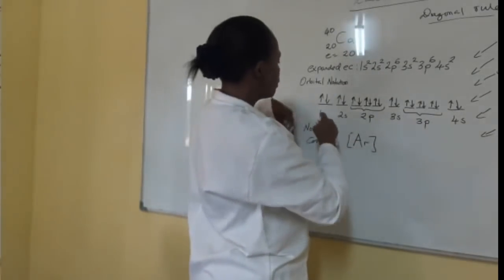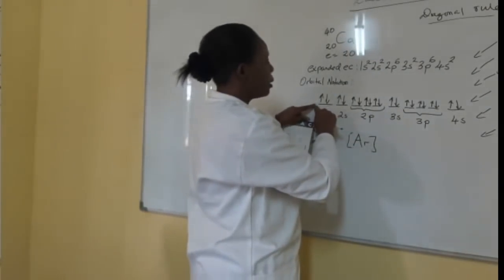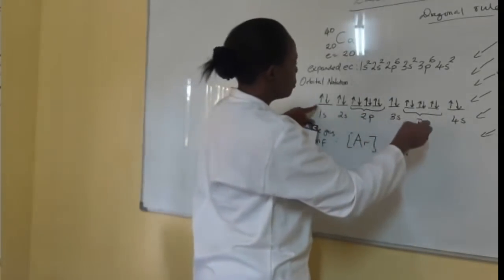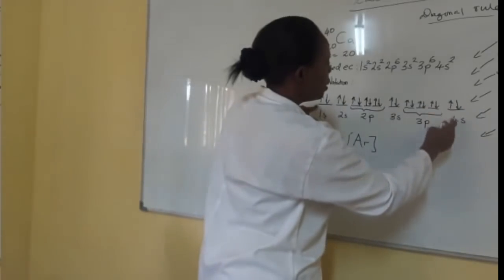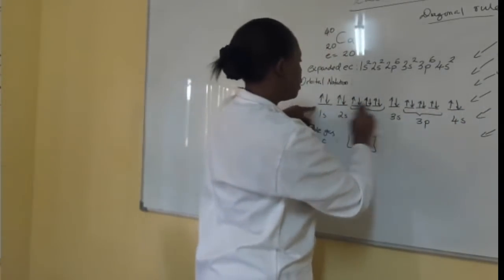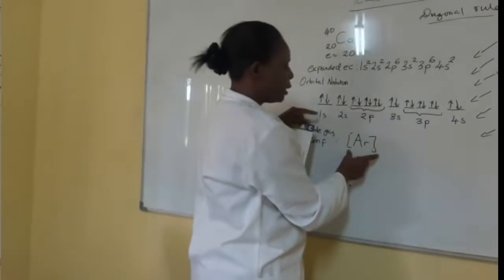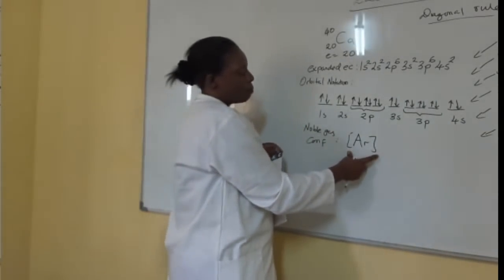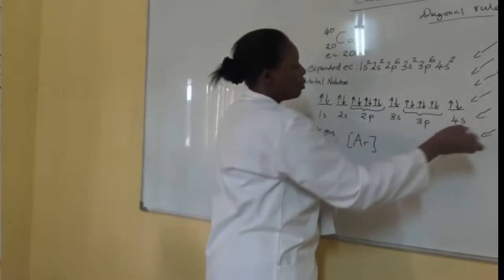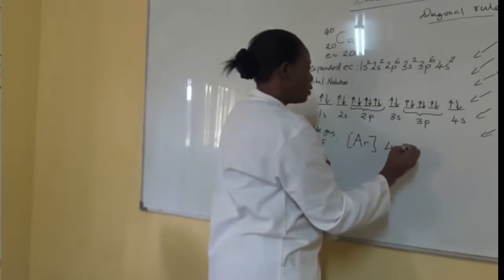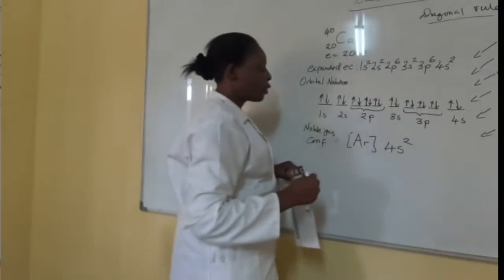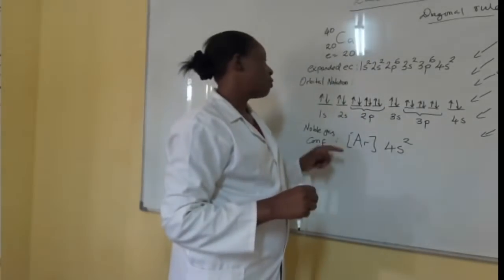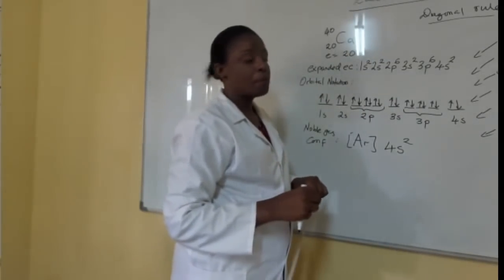So meaning this whole electrons from 1s up to 3p, all these electrons are actually in the argon core electrons. Okay. The only electrons which are outside that is the 4s2. Okay. So this is an abbreviated version of electronic configuration for calcium.